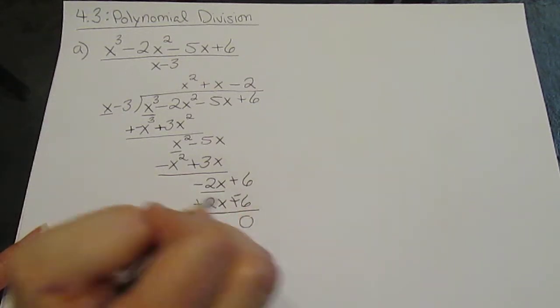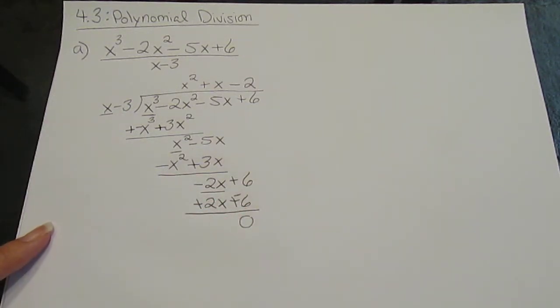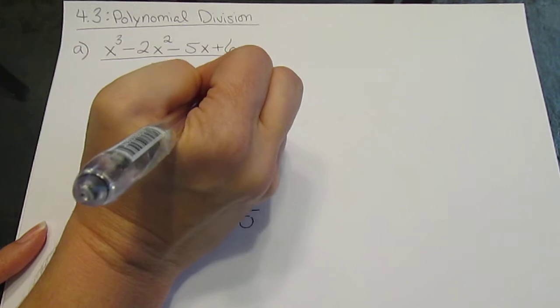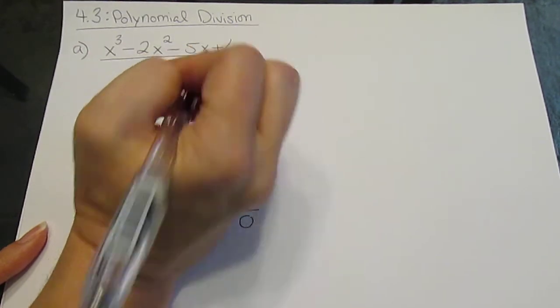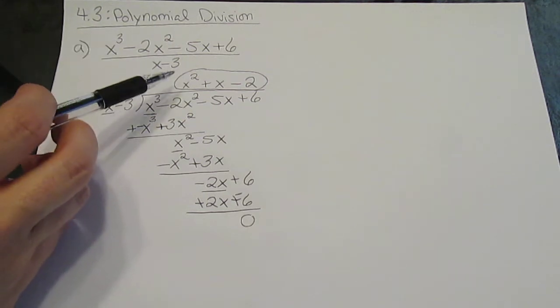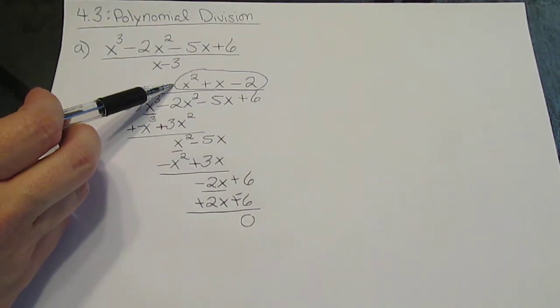Well, that just means that our remainder is 0. If your remainder is 0, you don't have to write it in your answer. My answer is right up here on top. When I divided this polynomial into this polynomial, I got this for the answer.